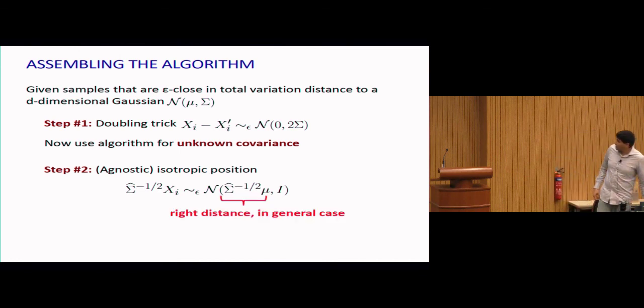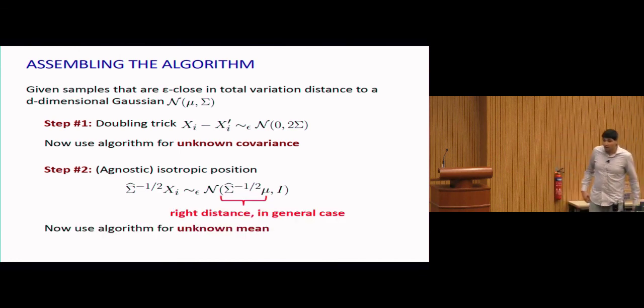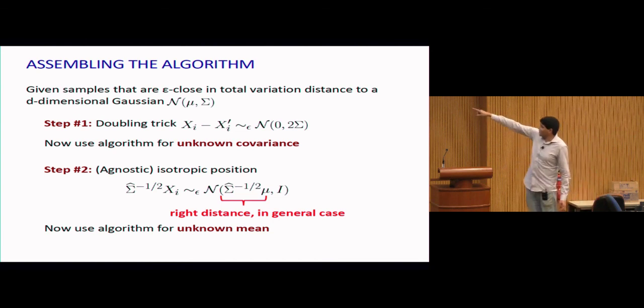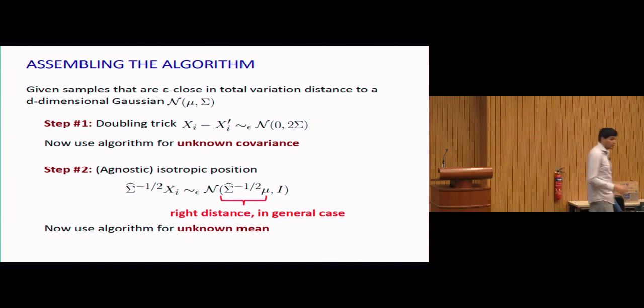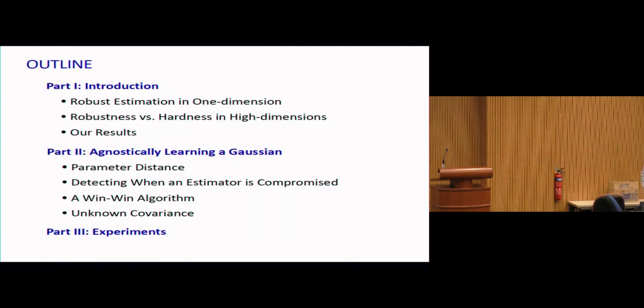And now you can apply the algorithm for the unknown mean case. You learn with respect to this new distance function with sigma hat to the minus 1/2. But that's actually the right distance function, because for a general Gaussian, in the coordinates where you have really tiny variance, that's where you need to get the mean exactly right. That's why you're dividing by something proportional to its variance. So that gives you the overall algorithm.